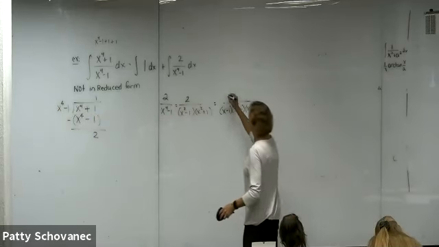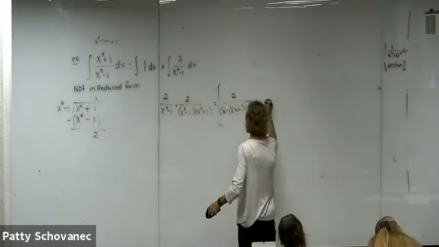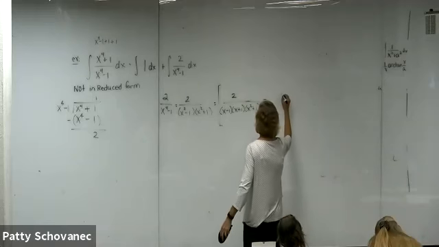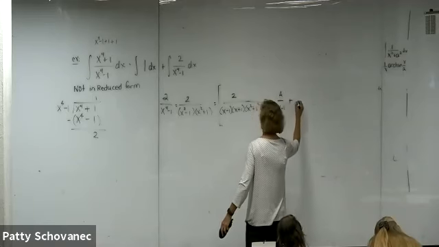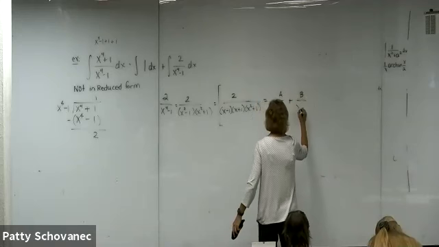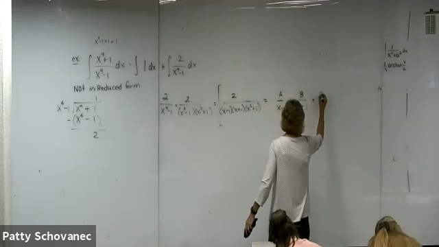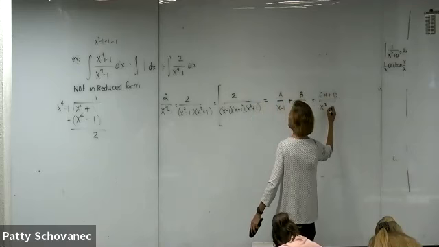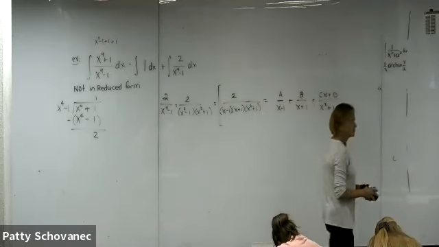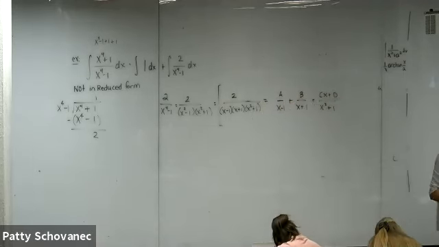So just for this part, we're going to write that as A over x minus 1 plus B over x plus 1 plus Cx plus D over x squared plus 1.